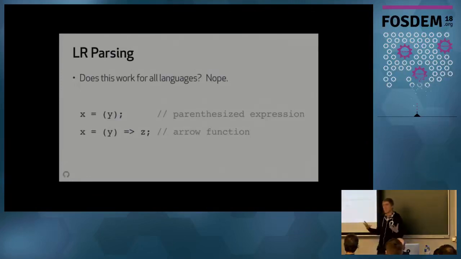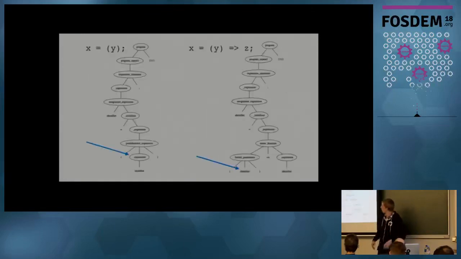The reason that this is a problem for an LR parser is that, like I said, an LR parser never backtracks. Before the parser can process the right parenthesis, it needs to decide what it should push onto its stack in order to represent the y. But it can't know whether the y is an expression or not, meaning are we evaluating y or not, until it sees the arrow token that comes later.